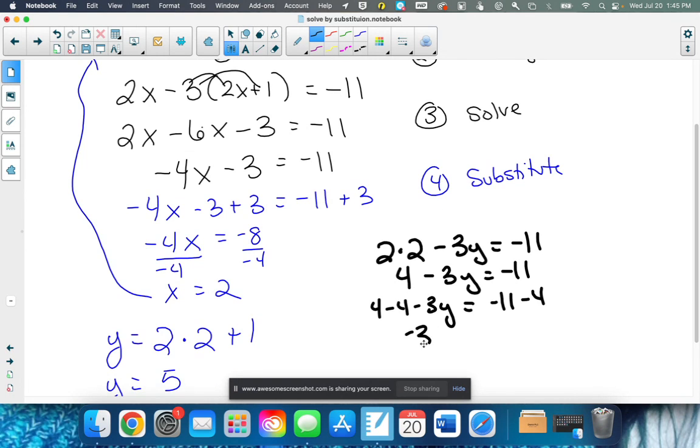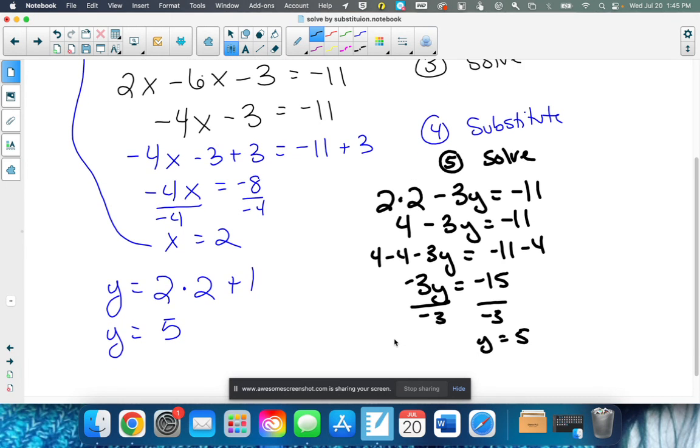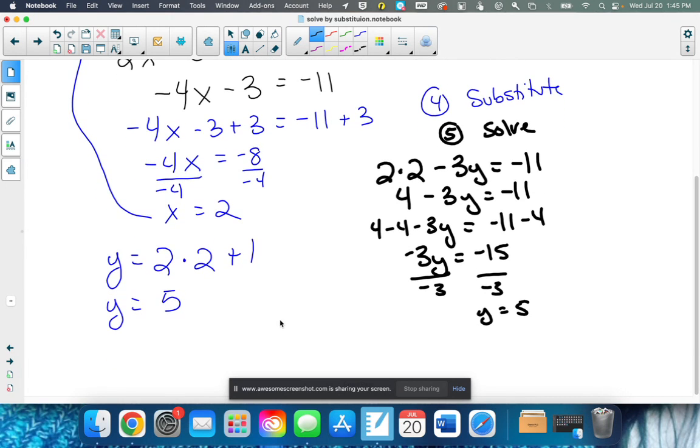That's going to be negative 3y equals negative 15. And if I divide, I'm still going to get y is equal to 5. So it really does not matter which one you substitute back in, because you're going to get the same answer. It's just, again, one's a little bit more work than the other. So the ordered pair for my solution is 2, 5.